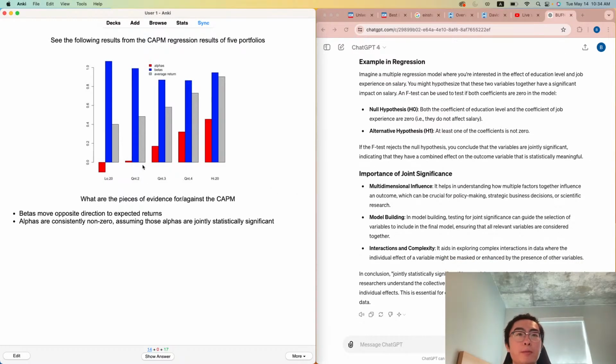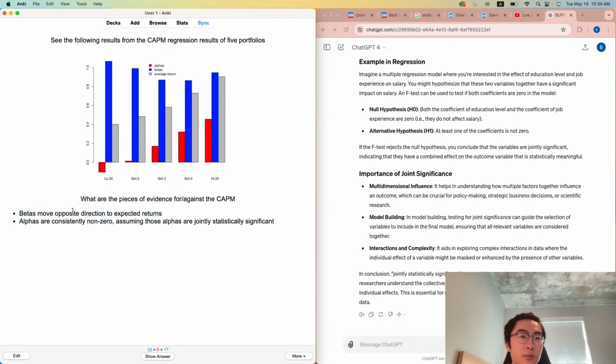Okay, so pretty much it just seems like maybe some of these alphas are not individually significant in, let's say, the different quintiles, or quartiles, but if you were to look at this as a whole, the alphas are pretty significant. And so in that case, both of these are evidence against the capital asset pricing model. First, betas move in opposite directions to expected returns.